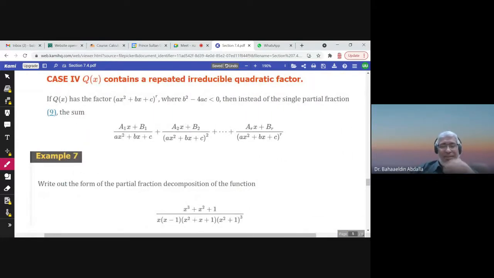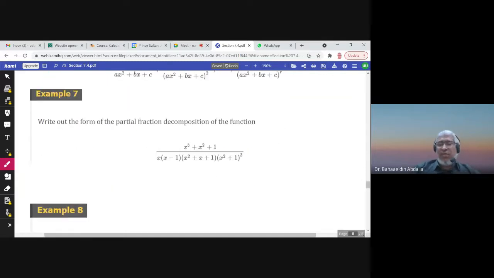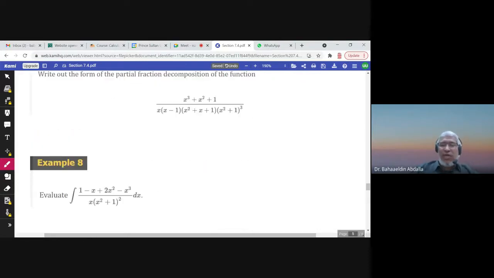The last case: if, when we factor Q(x), we find repeated irreducible quadratic factors. Okay, so we do the same. Like here, for example, we can write this as a over x, because x is linear, b over x minus 1, because x minus 1 is linear.